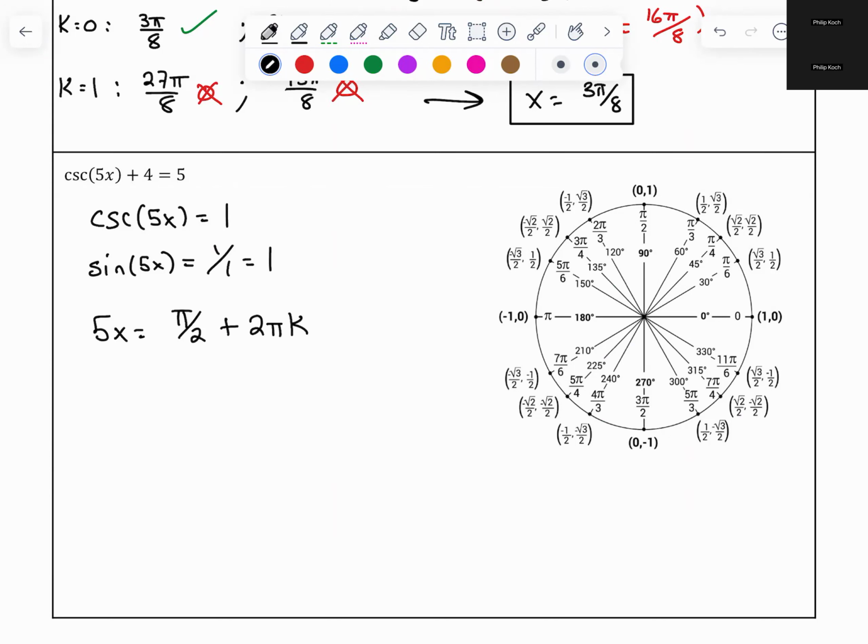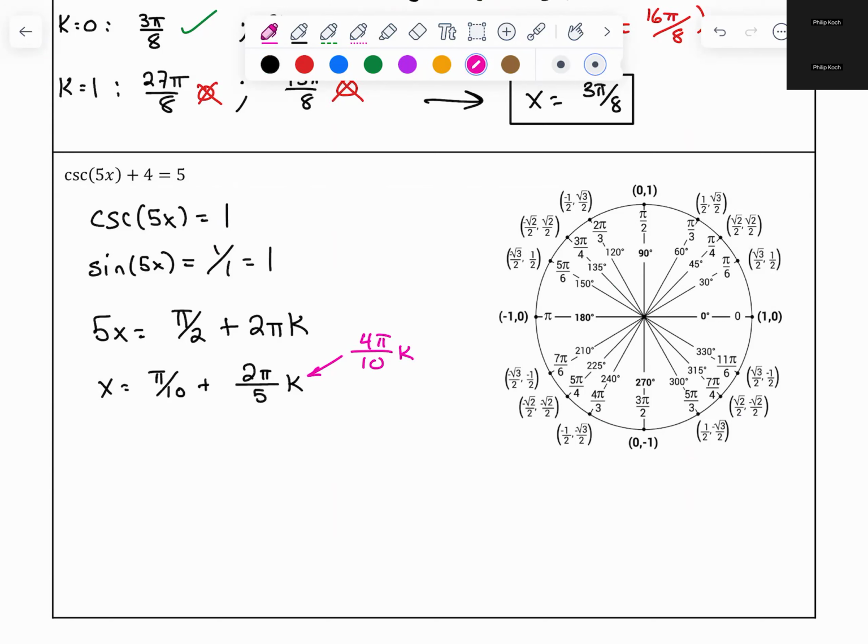So we get x is equal to pi over 10 plus 2 pi over 5 k, which, for the easiness of plugging in k values, I'm going to write as 4 pi over 10 k. I'm going to multiply by 2 over 2 to get the same denominator.